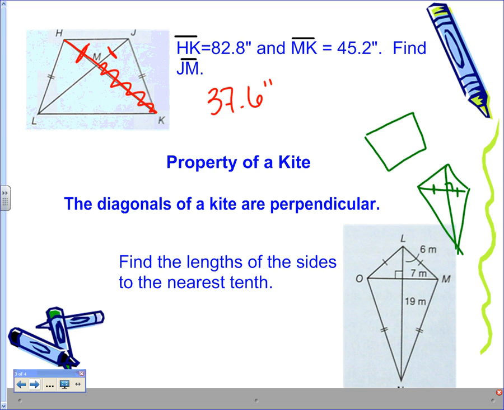Will someone go write one of the side lengths, like write which side you're putting up there, and then write what it is? Go ahead, Brian. Do you agree?